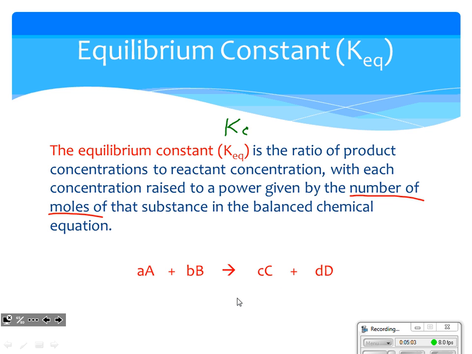Now, do we have to have a chemical equation that has two reactants? Absolutely not. It could have only one reactant. Could we have a chemical equation that has more than two reactants? Absolutely. So this is just a general form.